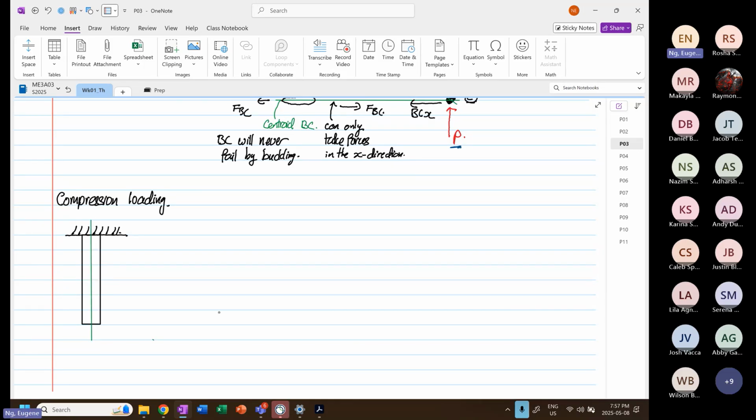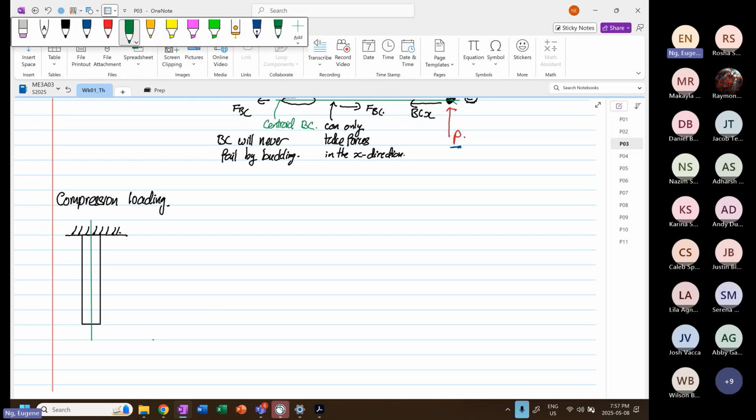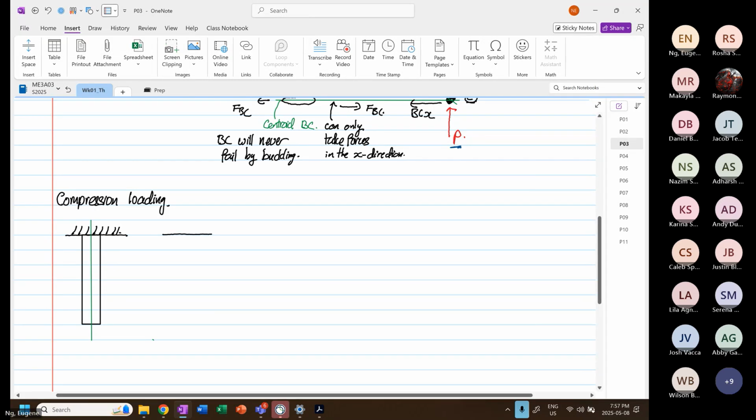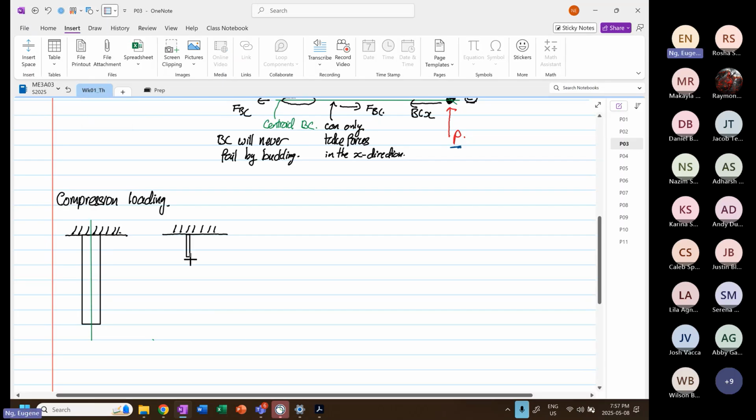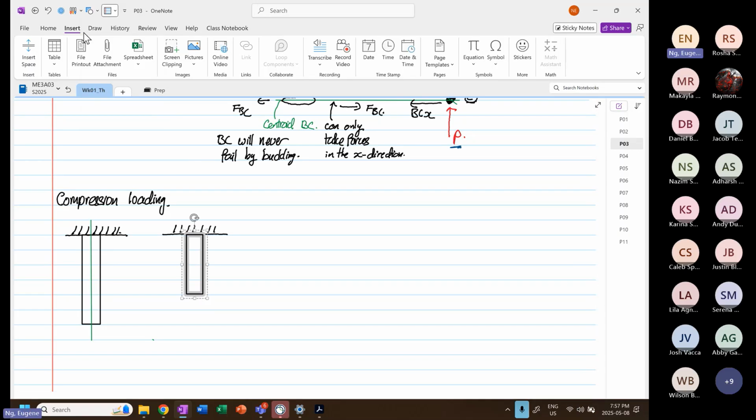This is the structure that we have, and on this structure we have a compression load. This is exaggerated.